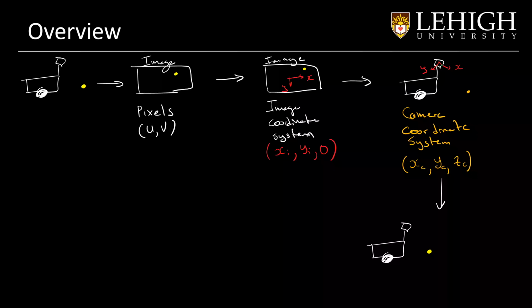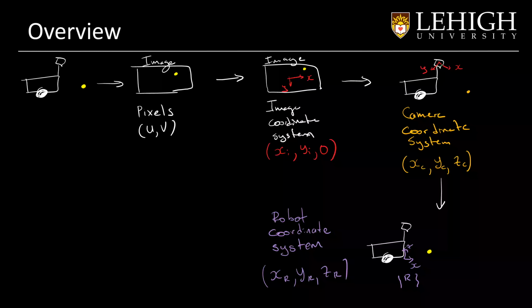And finally, in our last step, what we define is the coordinate frame of the robot, and what we want to know is the position of the point that we detected in the coordinate frame of the robot, and that's basically doing a transformation from the camera coordinate system to the robot coordinate system, and the result will be the vector of 3 elements in the robot coordinate system.